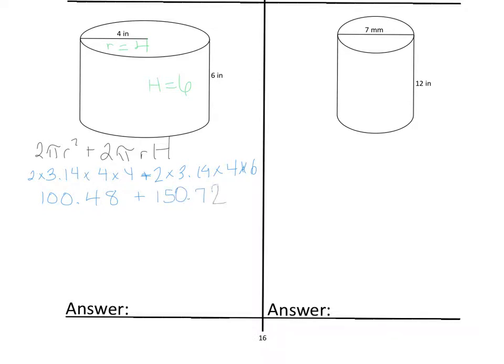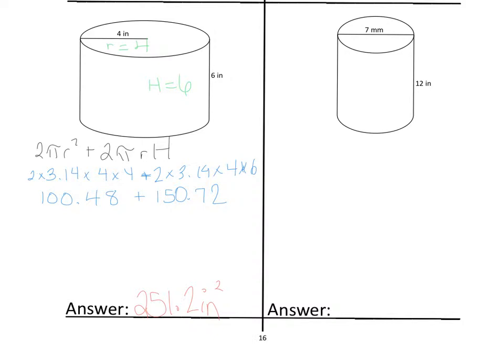Do them separately, so that way if you make a mistake, we can really figure out, is it you plugged in a number, used the wrong formula, did you plug them in wrong, did you multiply incorrectly, or was it an addition error? We end up with 2 times 3.14 times 4 times 4, so the area of the two circles is 100.48, and the area of the lateral surface is 150.72, and when we combine those, we get 251.2 inches squared.